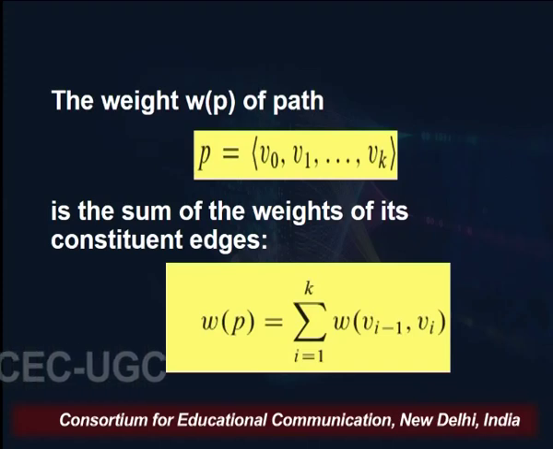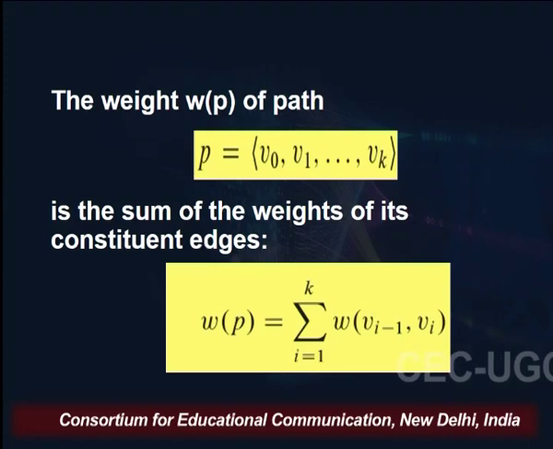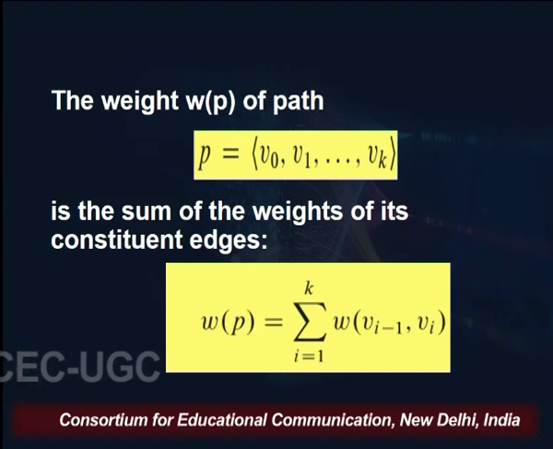Then the weight which we are going to determine is the weight of a path. For example, there is a path between the vertices V0 to Vk. It could in some cases be one single edge, or it could be a combination of edges: from V0 to V1, from V1 to V2, and then from Vk minus 1 to Vk.